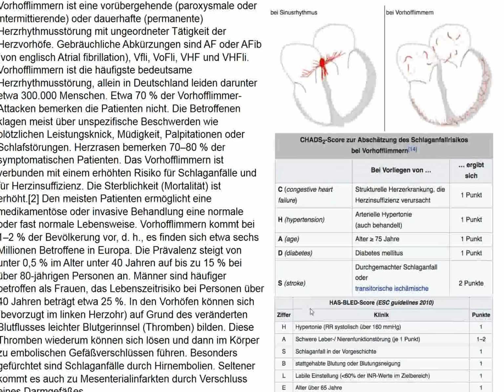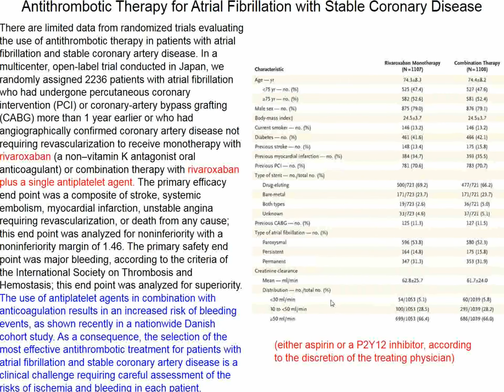Then we also have to consider what's the risk that this patient might bleed from the therapy that I am going to apply. And that can be estimated by the so-called HAS-BLED score. Now, what to do with the patients that have stable coronary disease with stent implantation, who also have atrial fibrillation, is not entirely clear.